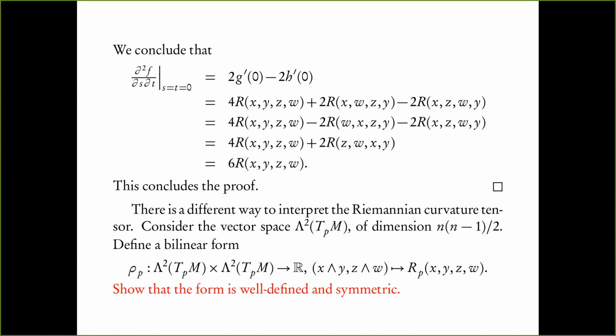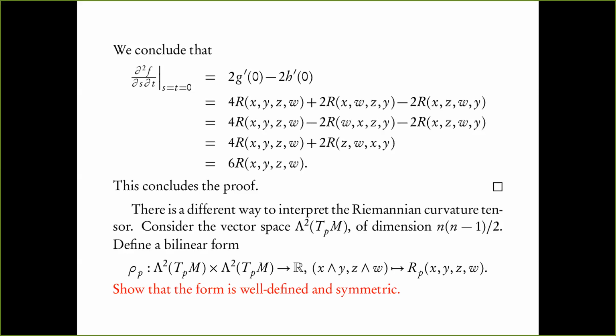And well-defined means, among other things, to show that instead of X wedge Y, if I choose Y wedge X with a minus sign, since X wedge Y is minus Y wedge X, the Riemann curvature tensor should pick up a minus sign. But it does, because R of XYZW is minus R of YXZW, because if I switch X and Y, there's a minus sign. Same thing if I switch Z and W. So when I say this is well-defined, you have to check these kinds of things.